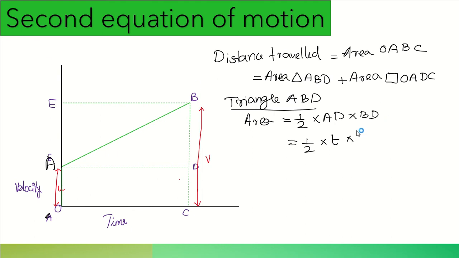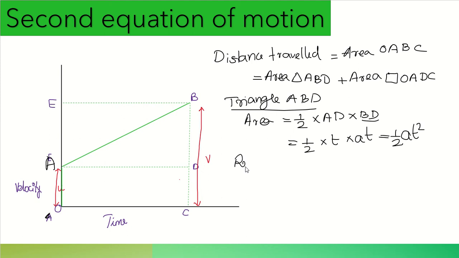In the previous derivation we had BD equal to a into t. Understand how I have taken it? So I'm getting it as half a t square. If it is asked individually, you have to find BD using the slope of the graph. We have already discussed that in the first derivation, right?